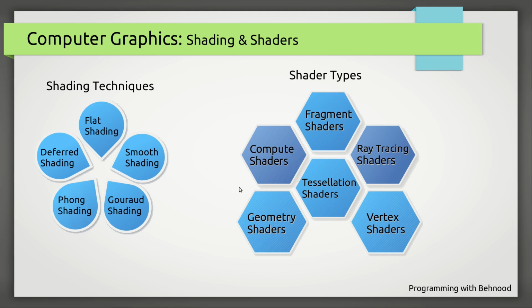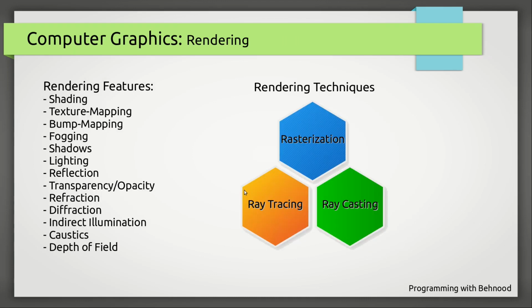There are three types of shaders in common use: fragment shaders, geometry shaders, and vertex shaders. Compute shaders, tessellation shaders, and ray tracing shaders are recently added. And rendering. Rendering is the process of generating a photorealistic or non-photorealistic image from a 2D or 3D model.